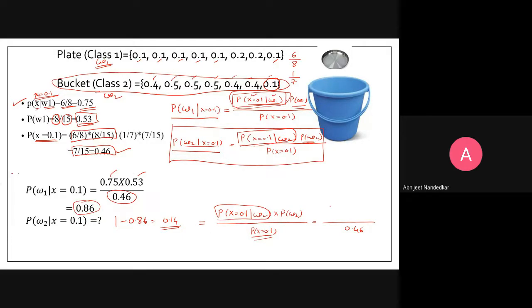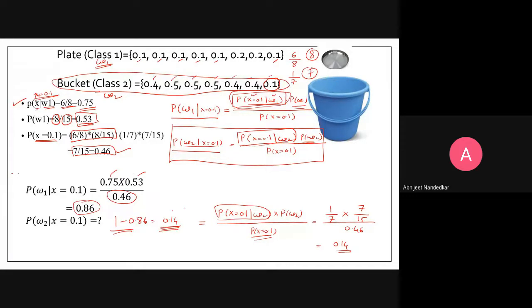So I write here 1 by 7 multiplied by the chance that bucket will appear. There are a total of 15 objects in my list, 8 here and 7 here. Out of that, 7 are omega 2. So if you calculate this now, it should come to 0.14. Okay, you can verify this. You can directly do it like this, or you can directly do it like this.